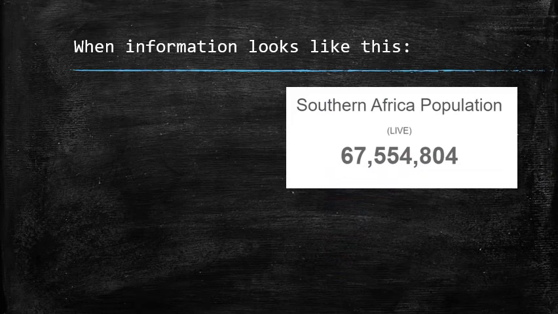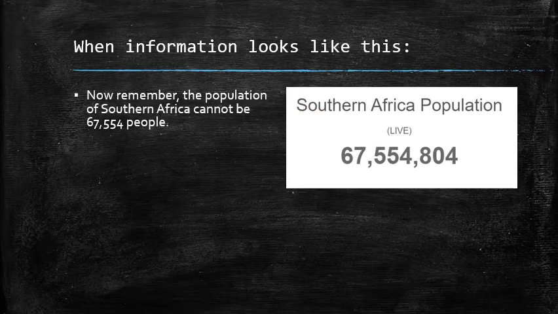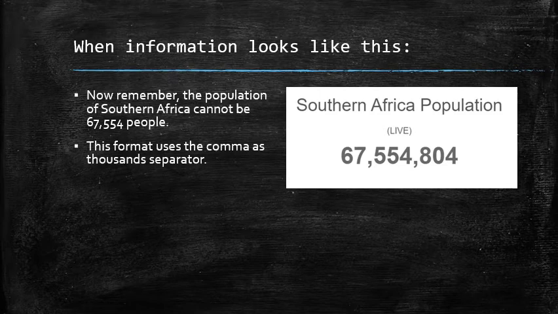If they give you something like this, remember we can use a comma as a thousand separator, so it's going to be quite difficult to think that the population of Southern Africa is 67,554 people. So therefore, they use a comma, so therefore the actual population is 67,554,804.